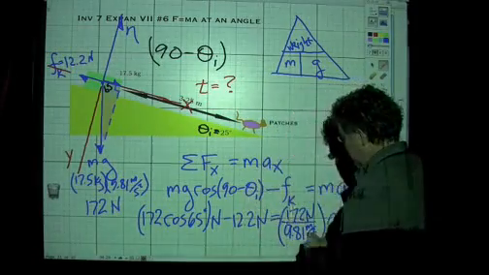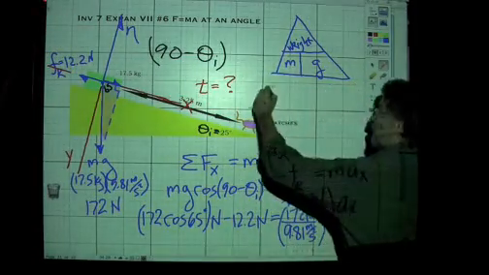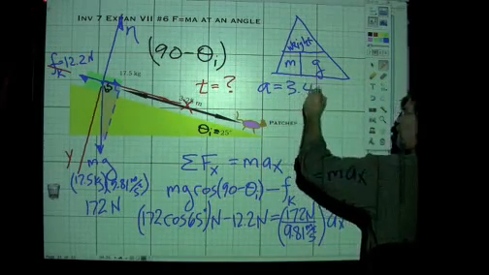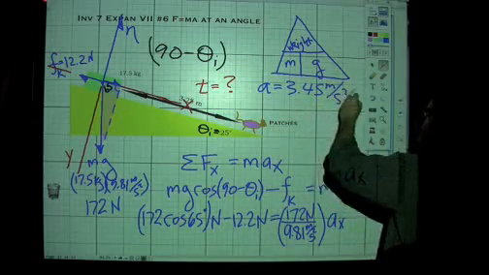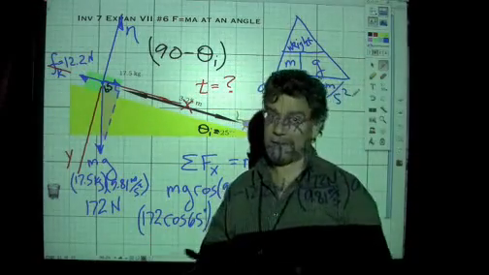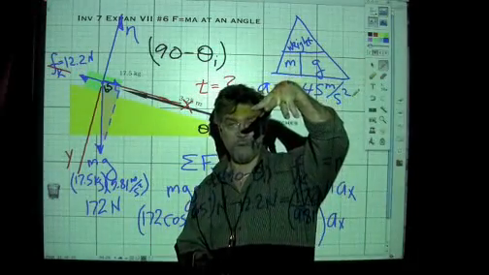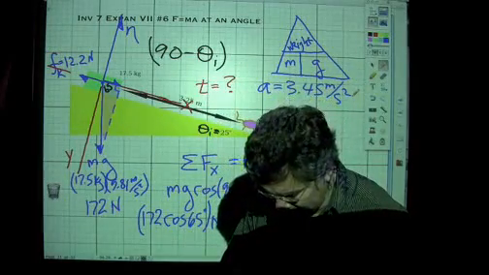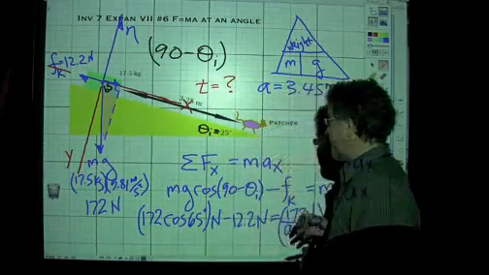So I end up with acceleration equals 3.45 meters per second squared. That's pretty fast. Considering if I just dropped it in free fall, it would be 9.81. So we're going about one third of what gravity would be. So that thing's sliding down fast.